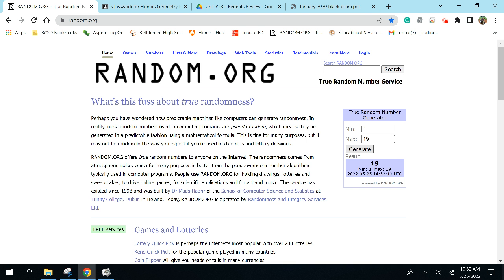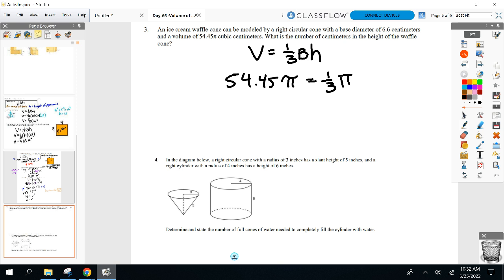Half of 6.6, 3.3 squared times the height, which we're looking for, right? All right, might as well do 3.3 squared. 10.89.